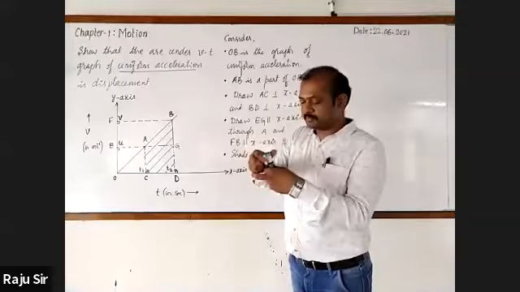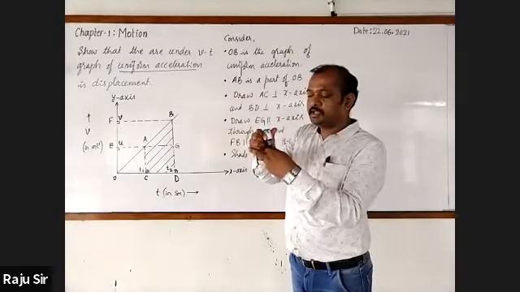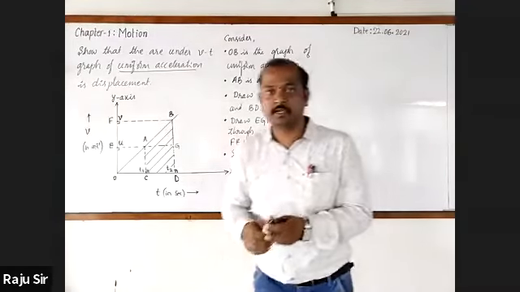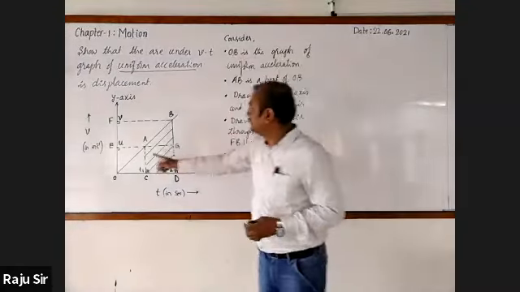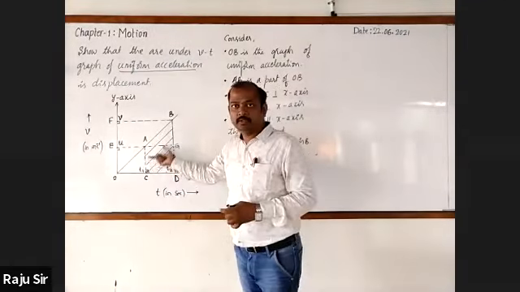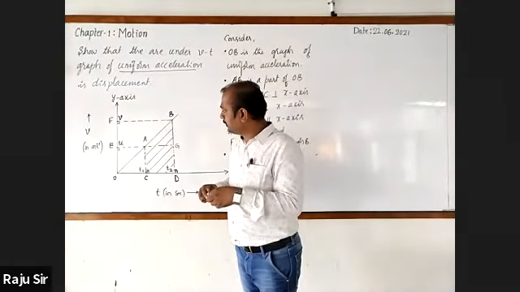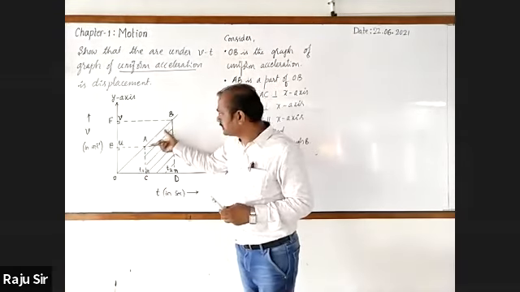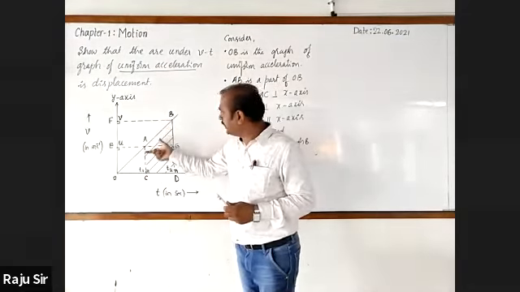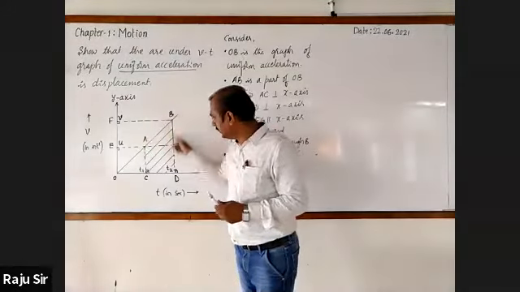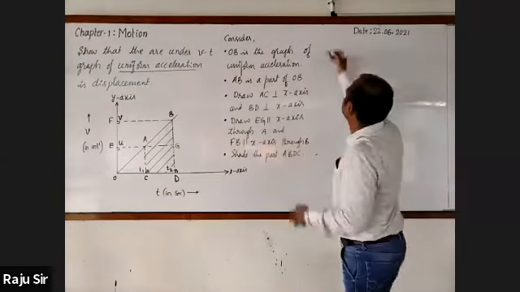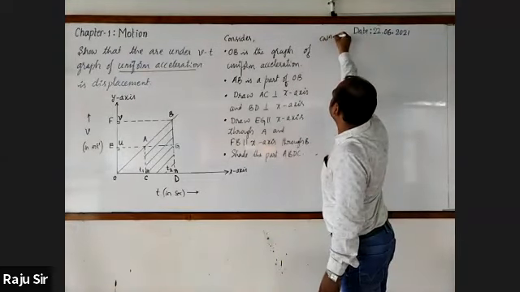You are going to find out the area under the VT graph of uniform acceleration. That is the area under AB. You know that OB is the graph of uniform acceleration. A part of it is taken, that is AB. Area under AB is ABDC. Right? Okay. Let's move on to calculation.